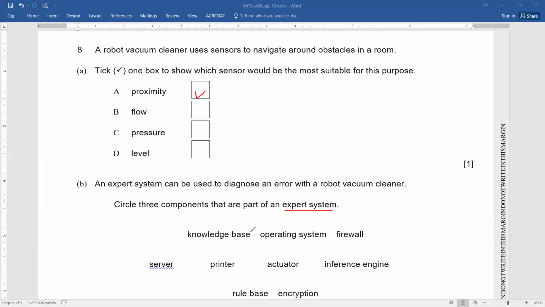Knowledge base? Yes. Any other from this line? Operating system, firewall? No. Server, printer, actuator, inference engine? Yes. And then rule base? Yes. Okay. And in this manner, you have scored 3 out of 3.